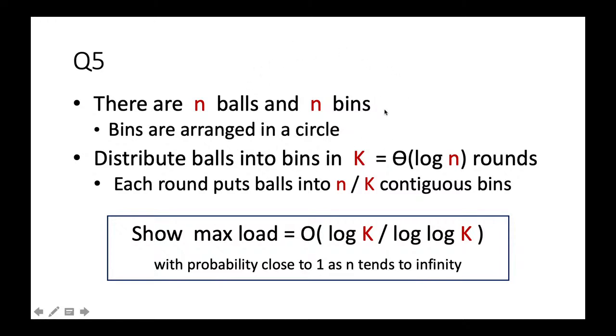And then what we are going to do here is distribute the balls into the bins, but we are not going to distribute them one by one. We are going to distribute them in k rounds. There are k players, so we are distributing them in k rounds, and k is theta of log n. Is that okay? And then each round we will put the balls into n over k contiguous bins.